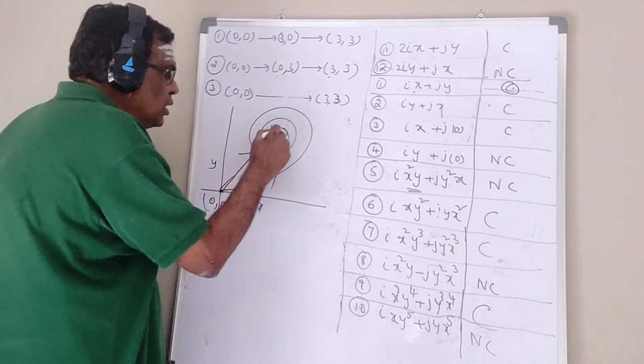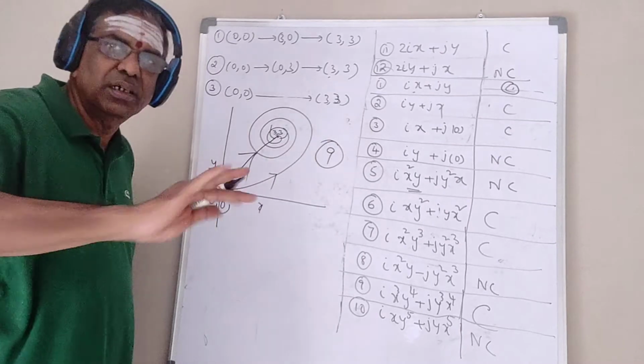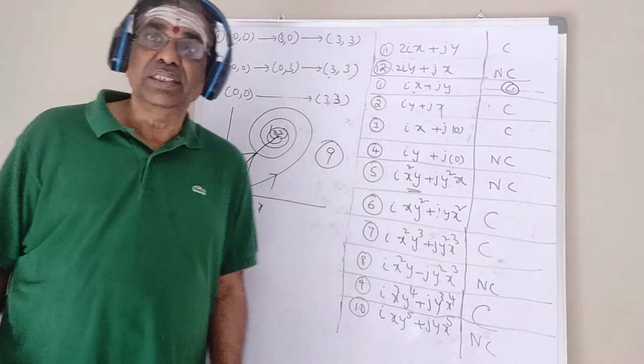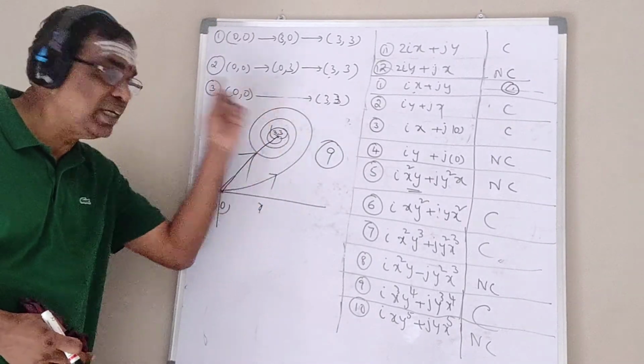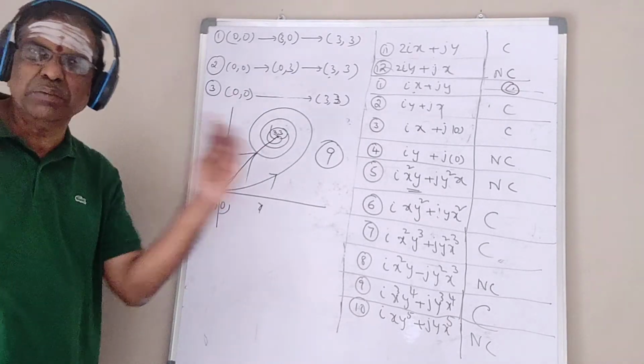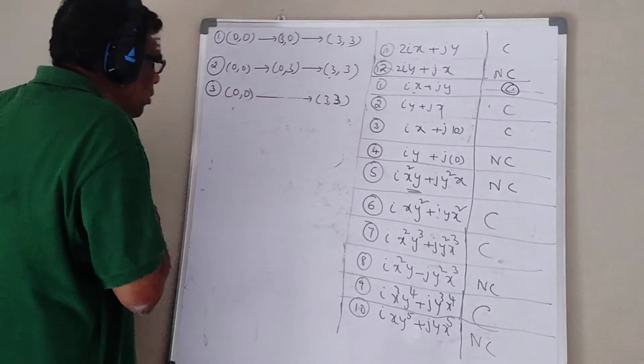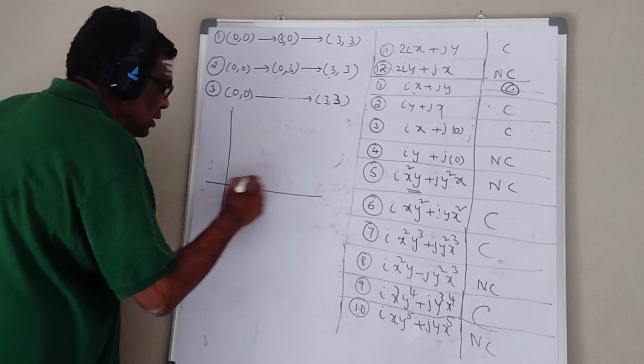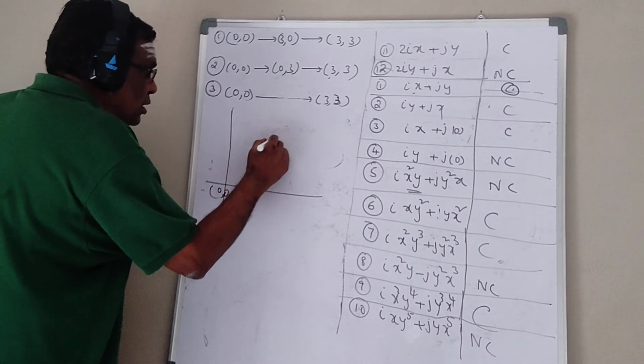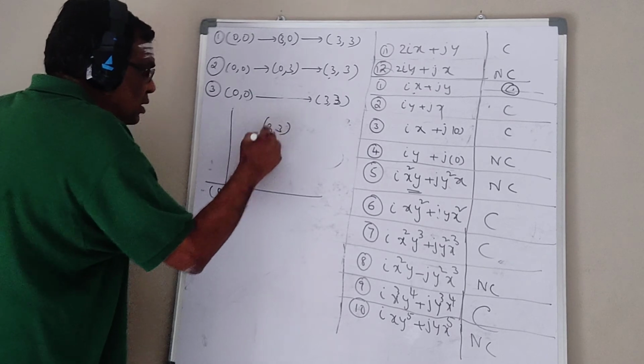So I have already chosen this. What is that work done? 9 only. They give this only to confuse you. They give some zigzag fashion. I am giving you a spiral. I might give you something like this, from 0,0 to 3,3.